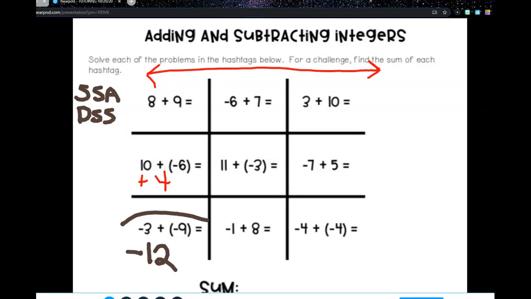If I started at positive 10, I would have to go 6 steps backwards. 10 plus negative 6 is the same as 10 minus 6. So I would go 6 steps backwards on my number line and I would end at 4.